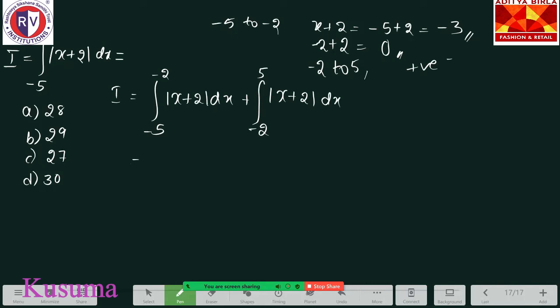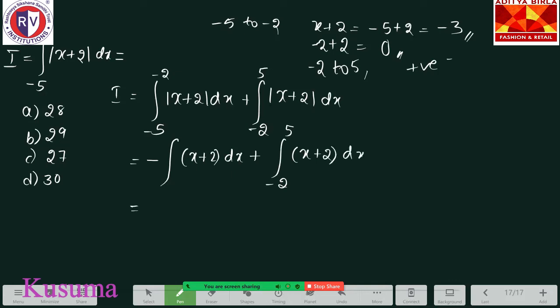So this will be negative. Here, for -5 to -2, the value of x plus 2 will be negative. Therefore, this will be minus x plus 2 into dx plus integration from -2 to 5 x plus 2 dx.